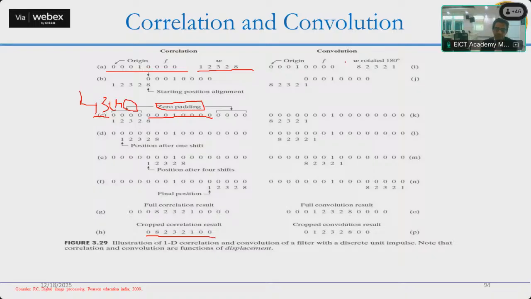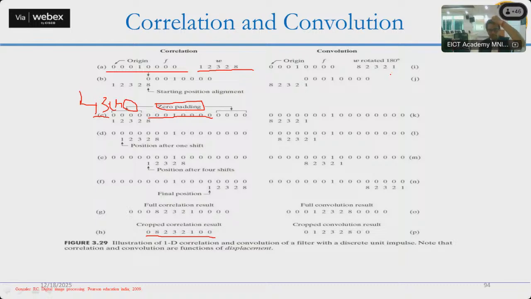What about the convolution? In convolution also you take the origin, but as we discussed in the last slide, convolution involves flipping vertically and horizontally. Since it's a one-dimensional signal only, this 8 will be flipped and will go to the most left-hand side, then 2 will come, then 3, then 2, then 1.